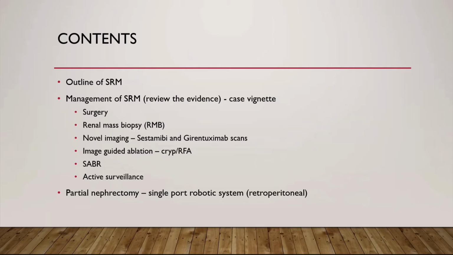And then the second half of the presentation will be more specifically about partial nephrectomy, and doing this using the single port robotic Da Vinci system. There are other systems available, mainly focusing on the retroperitoneal approach, and that will become clear.